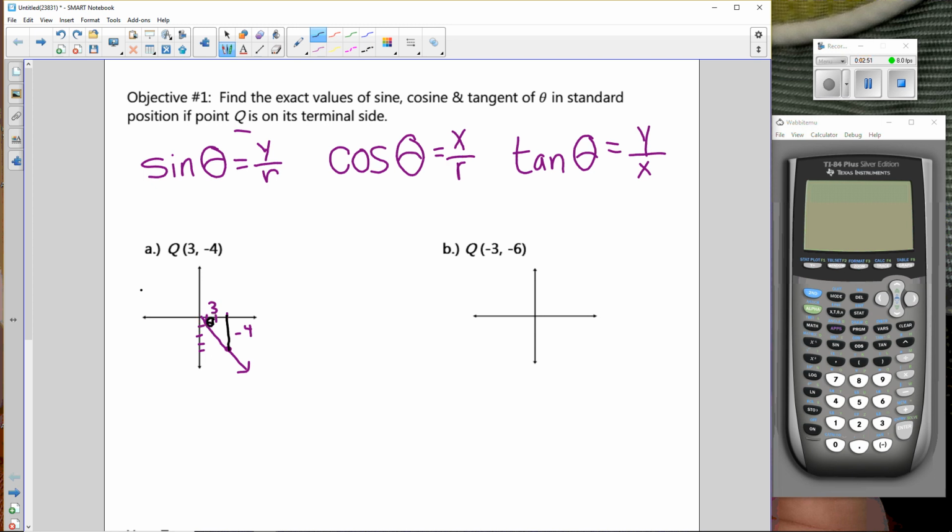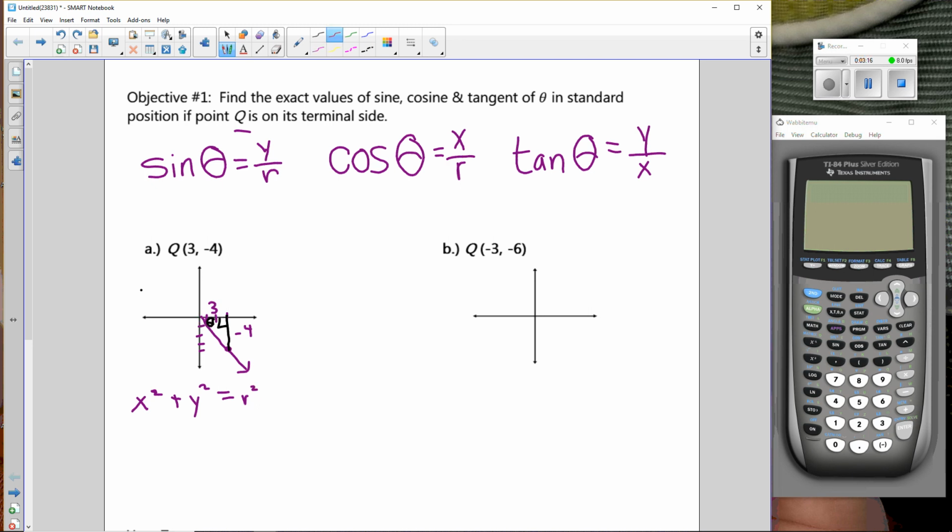But of course, if it's a right triangle, and we have 2 sides of a right triangle, we can use the Pythagorean theorem, which in this case is just, instead of a squared plus b squared equals c squared, x squared plus y squared equals r squared. When you get to pre-cal, this is actually the form they use instead of a squared plus b squared equals c squared.